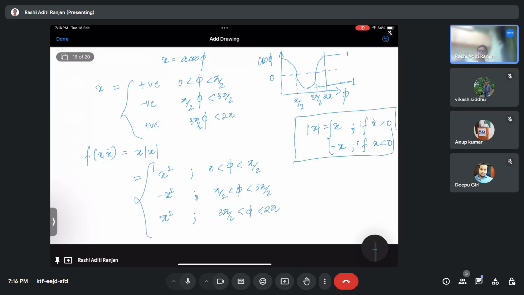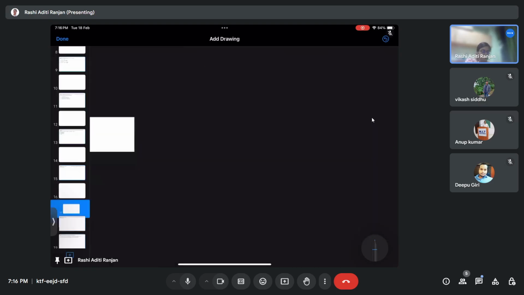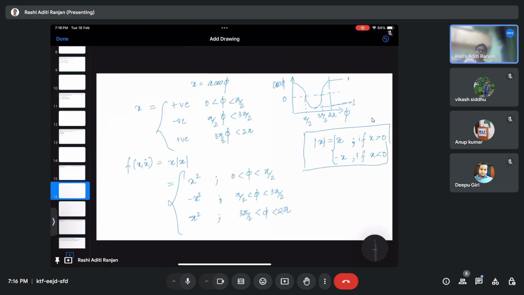Any doubt? I hope this is clear. This is a very easy concept. This was the main thing that needed to be done. The rest is just pure mathematics. This was the only concept that was needed to apply.